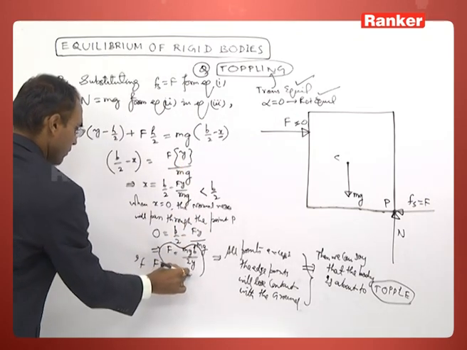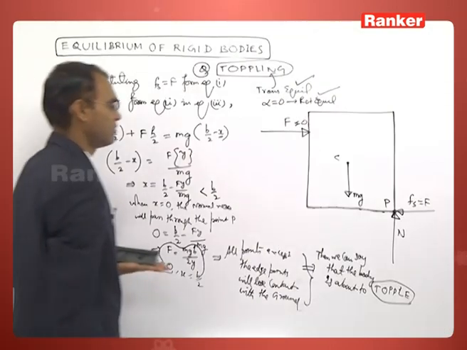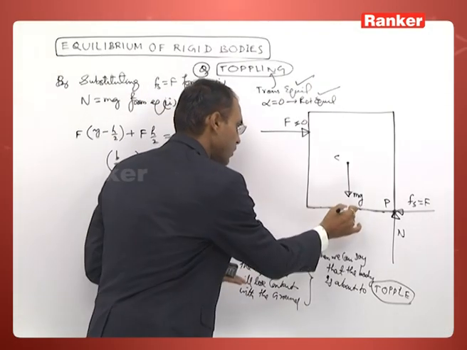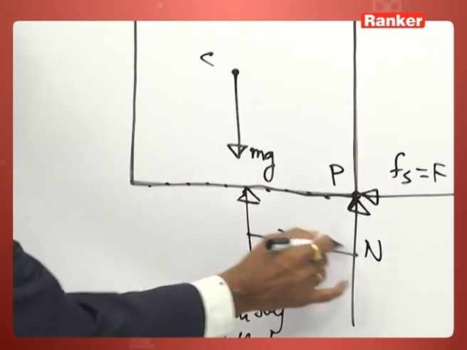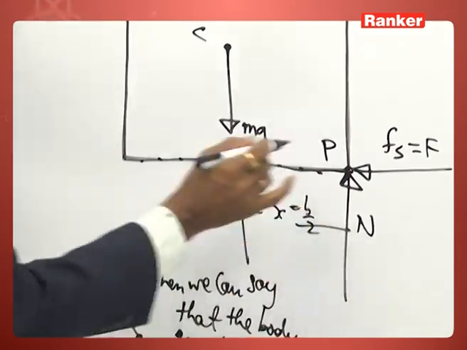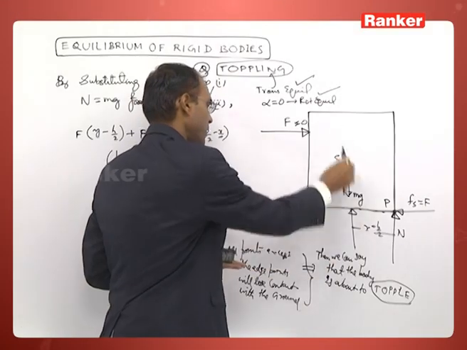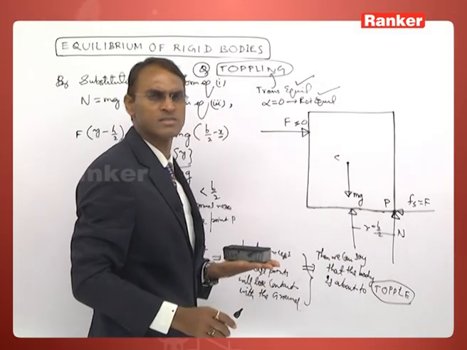X is equal to b by 2. X will be equal to b by 2. The normal reaction will pass exactly at the midway. It will pass through the center of mass.